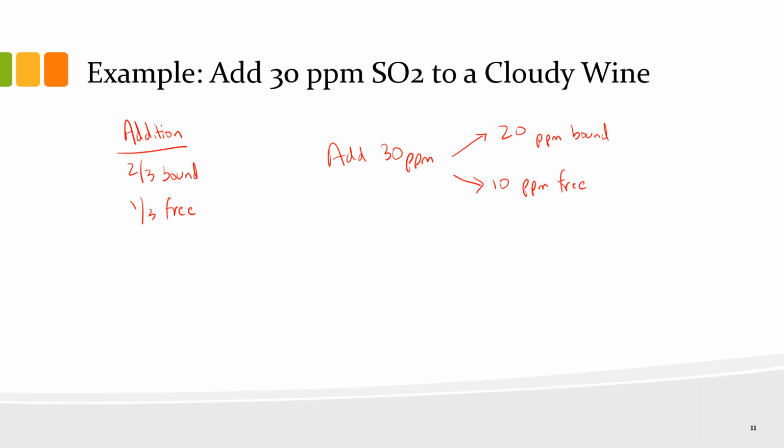This is going to be important in the next video when we actually calculate the addition of SO2 to yield a certain concentration of molecular SO2. Again, in the next video, this will become important to estimating the amount of SO2 additions that become bound versus free.